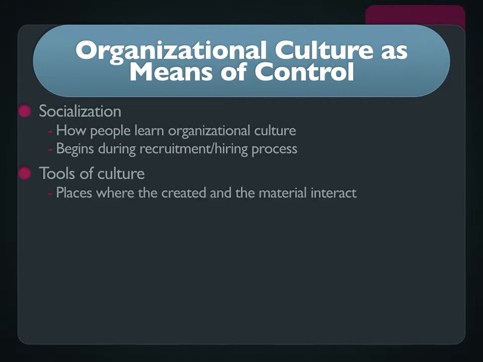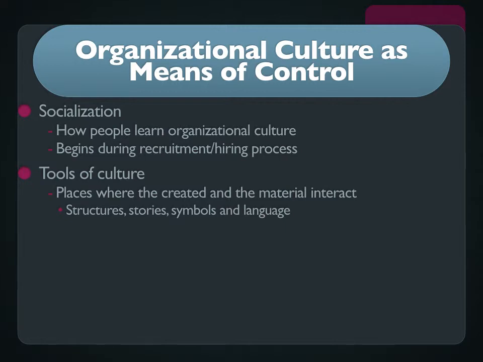So some of the tools of culture are places where the created and the material interact. It's a bit of an abstract idea, but we can think about structures, stories, symbols, and language. These are all the ways in which culture can be adapted, changed, and modified. What's the story that the CEO tells at the annual meeting?